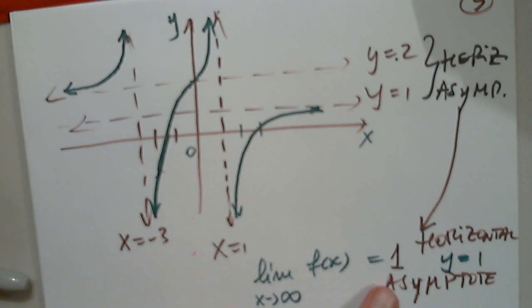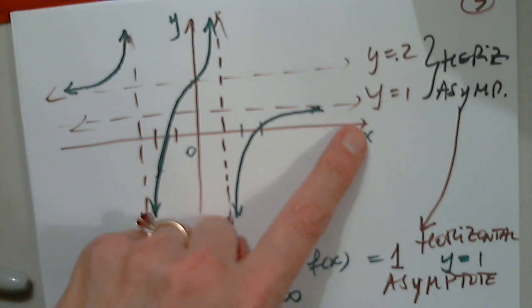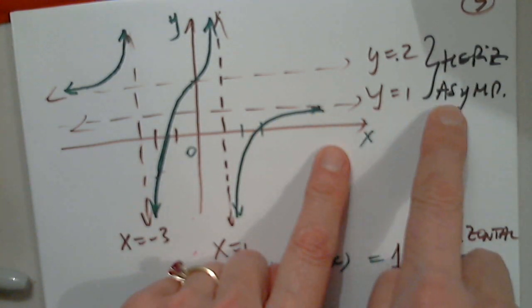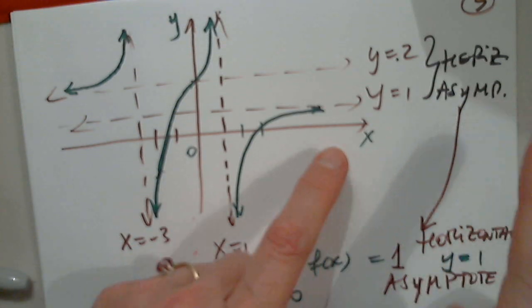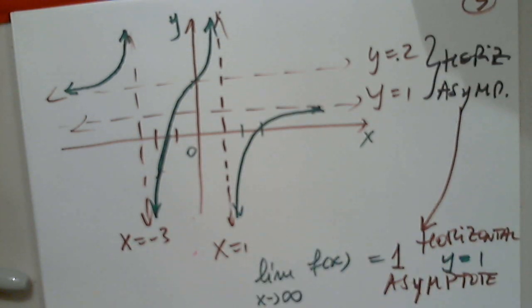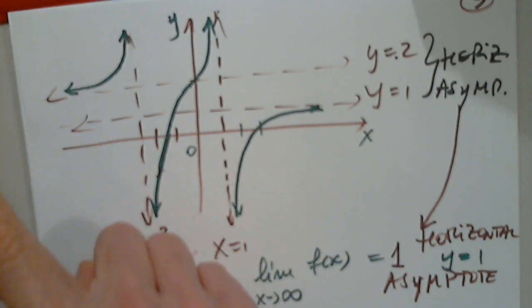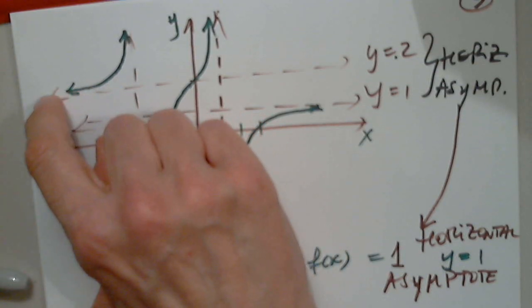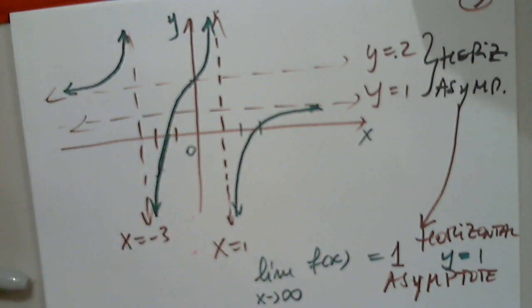So that's the tendency. As x gets closer and closer to infinity, the function values appear to get closer and closer to 1. As x approaches negative infinity, the function values get closer and closer to 2.